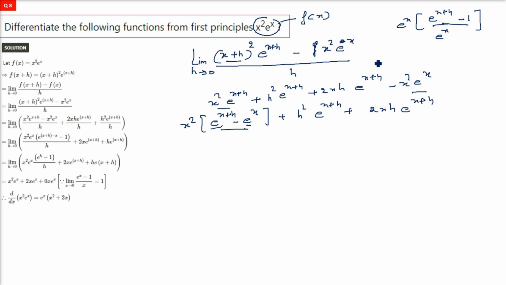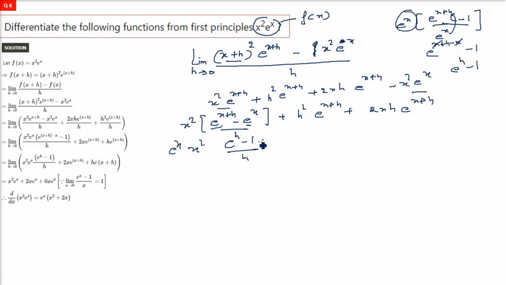So this x square we have taken common, and e raised to the power x we are taking common from here. When we take e raised to the power x common, e raised x plus h divided by e to the power x goes up, so e raised x plus h minus x, so e raised h minus 1, and then we have x square into e raised h minus 1. And please remember there was an h in the denominator already.